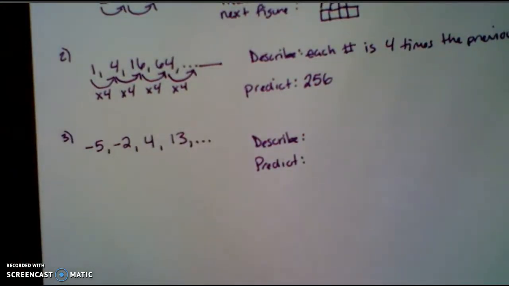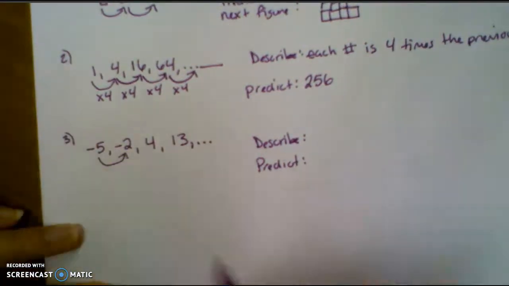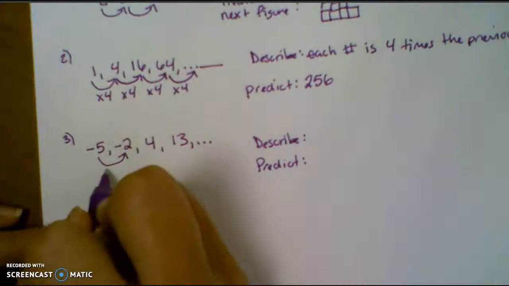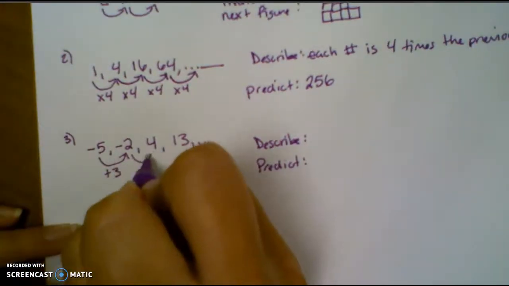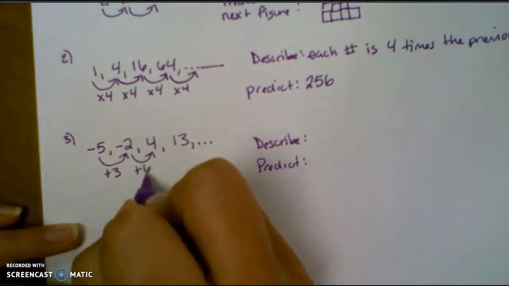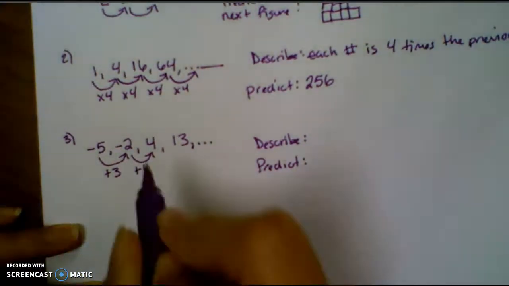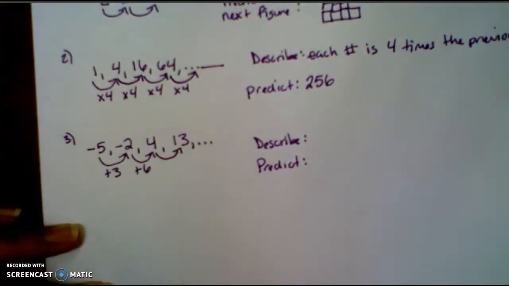So what is happening in this one? To go from -5 to -2, what happens? I'm adding 3. To go from -2 to 4, I'm not adding 3, I'm adding 6. To go from 4 to 13, what are we doing?